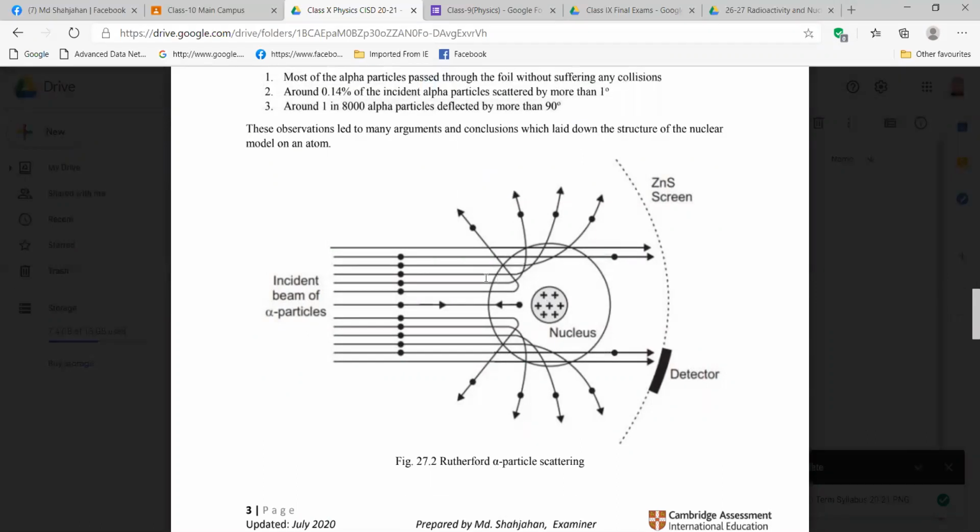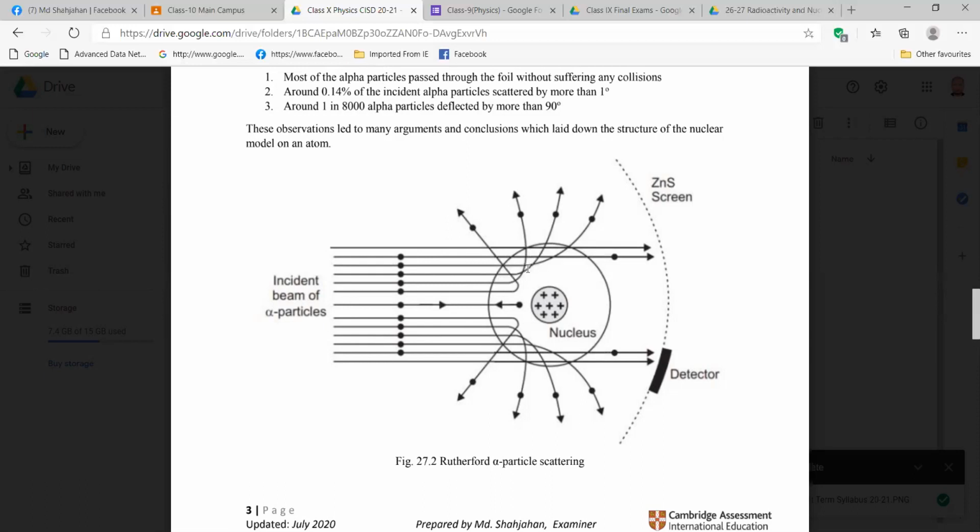Then those alpha particles which are closer to the nucleus, you see they are experiencing repulsion from the nucleus. That's why they are bending here, right? The closer one bends more.